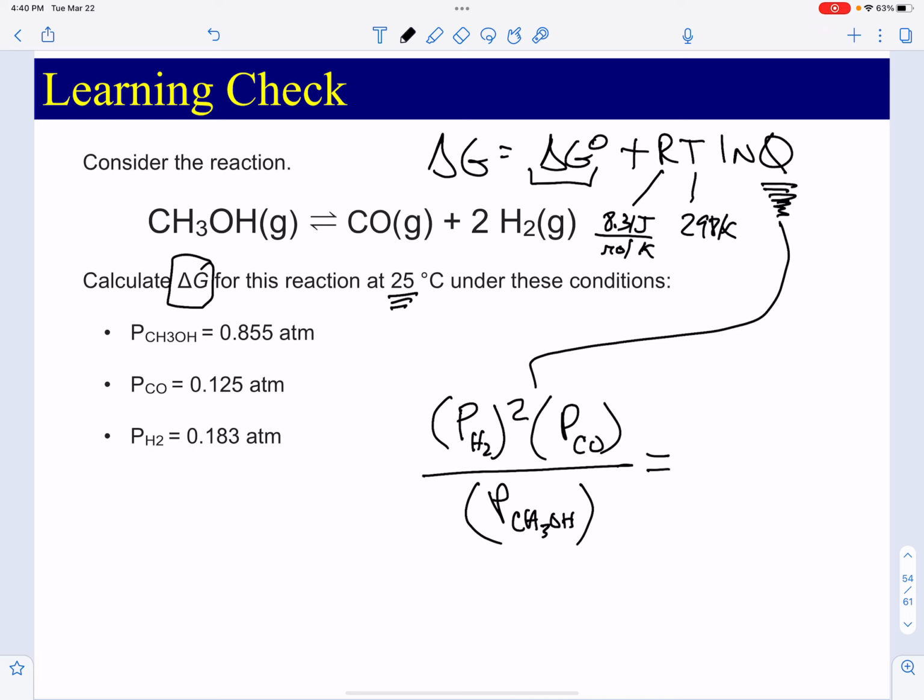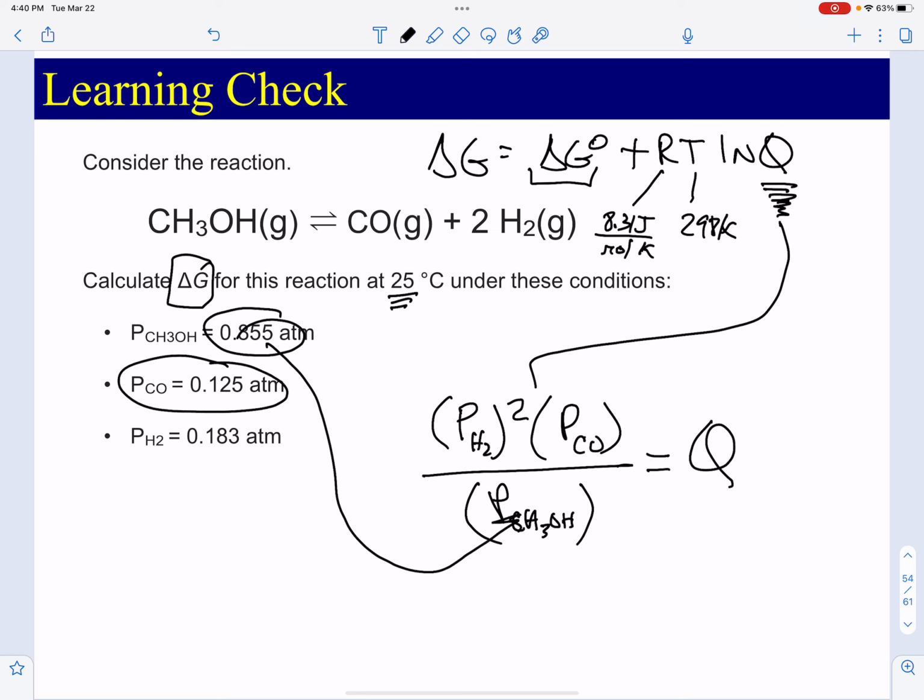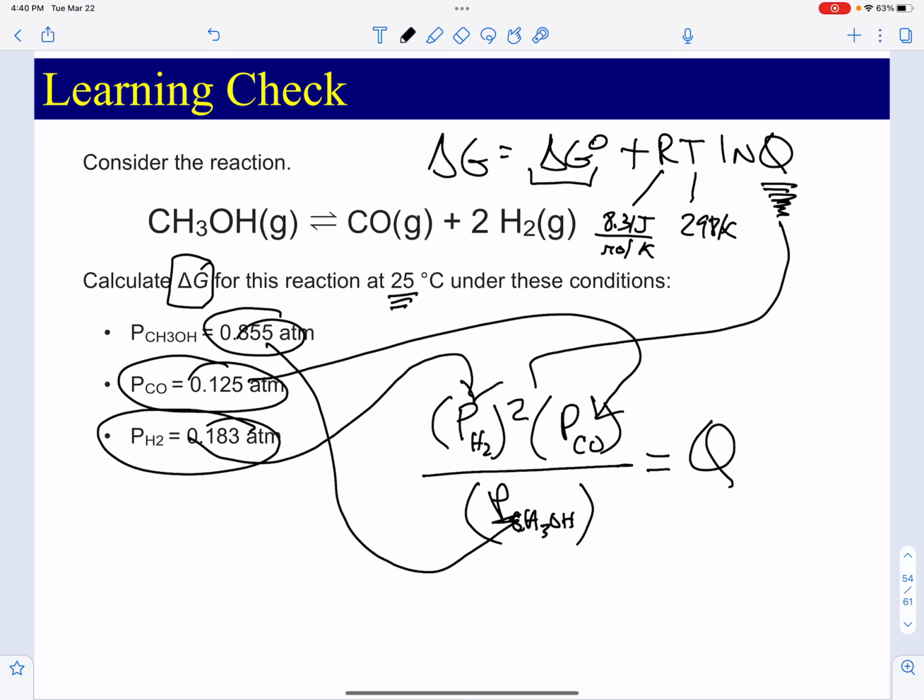And that's going to be our K expression, but we are not dealing with equilibrium pressure, so that's going to be our Q. And this will go there, this will go here, and that will go there. And that's all you have to do.